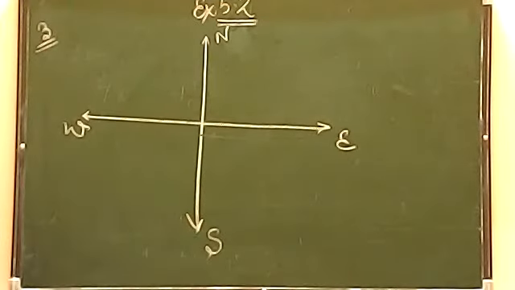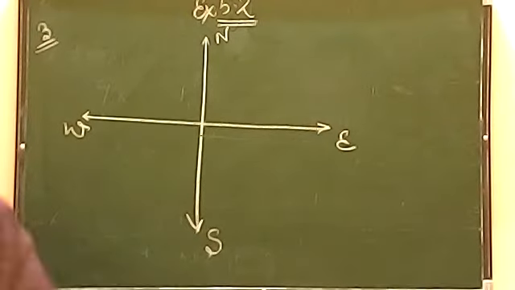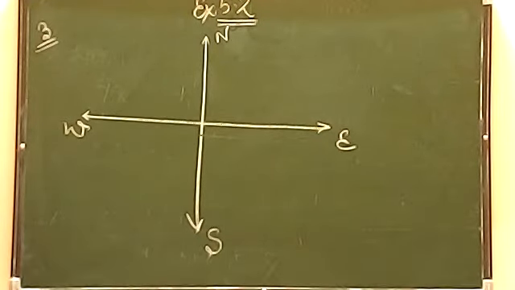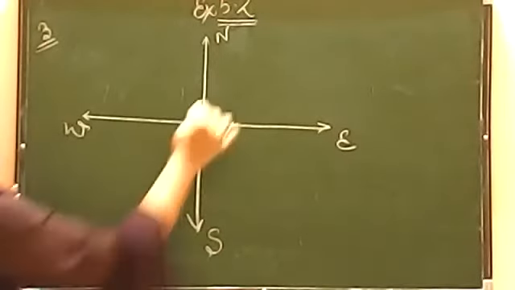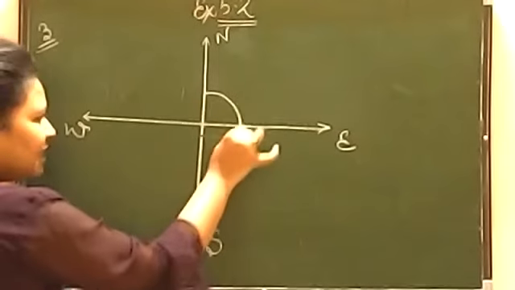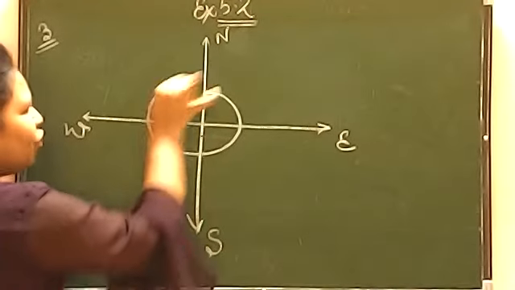One thing remember, beta, if we revolve clockwise or anti-clockwise. First, let us understand what is clockwise and what is anti-clockwise. Clockwise means you start from north in this direction and you again come back to north only.